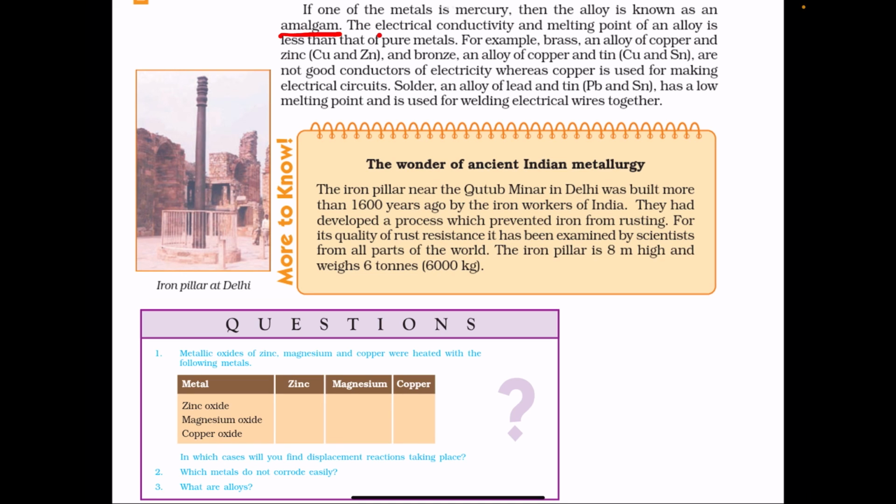Now, the electrical conductivity and melting point of an alloy is less than that of the pure metal. For example, brass is an alloy of copper and zinc, and bronze is an alloy of copper and tin.